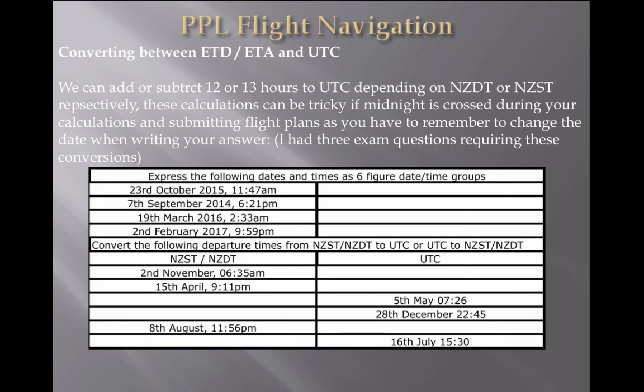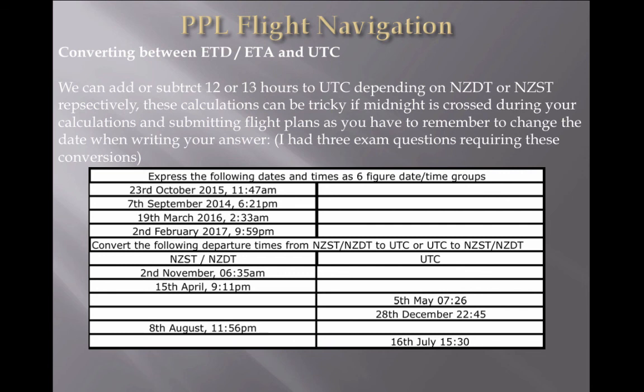So we've just got a little table here. What I'd really like you to do, pause the video and work out from daylight savings or New Zealand's standard time. So on the right hand side I want you to do the UTC version of what you see on the left, and then convert the following departure times from New Zealand Standard or New Zealand Daylight Savings to UTC, or UTC to the other way.